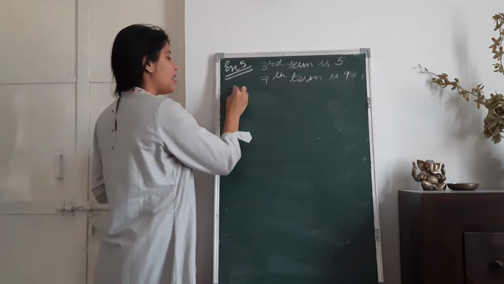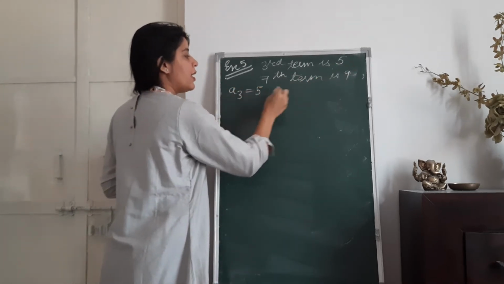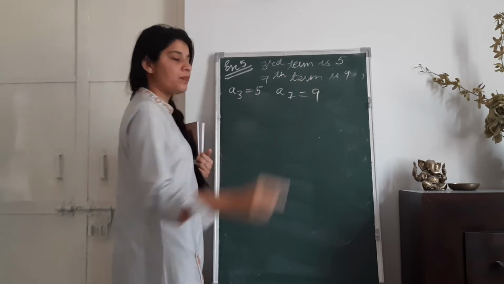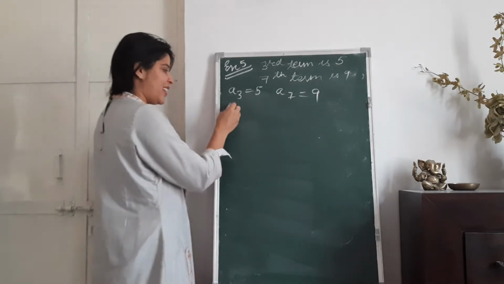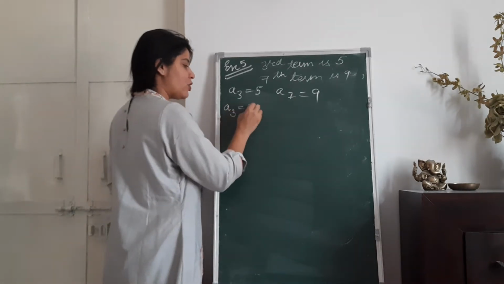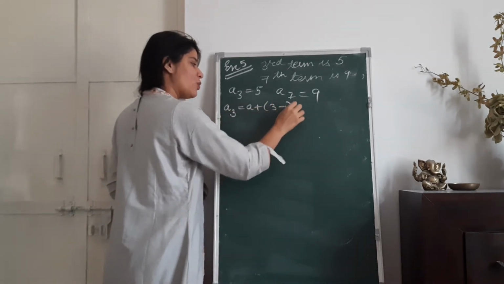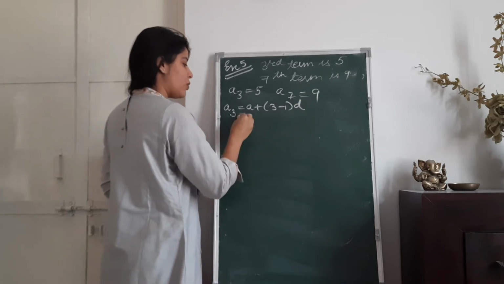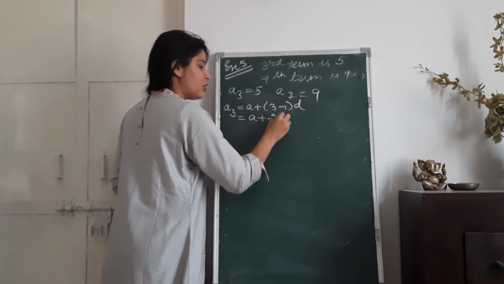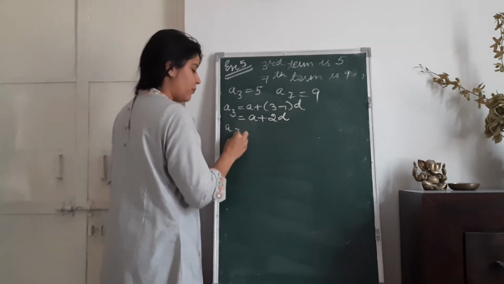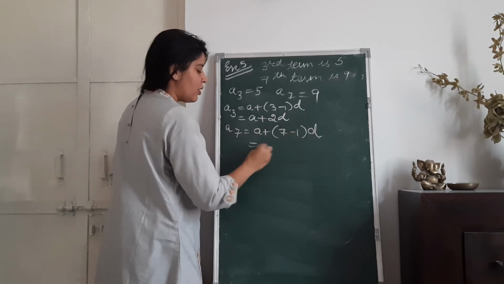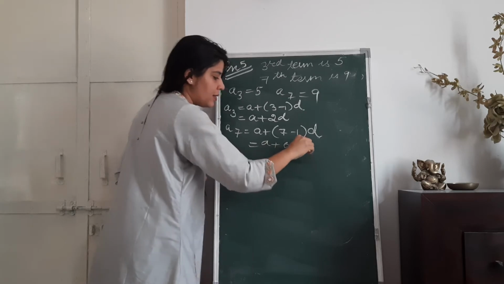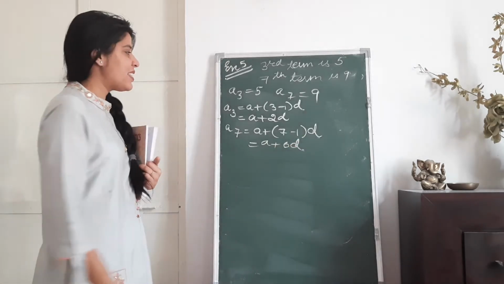So can I write this as A3 is equals to 5 and A7 is equals to 9? What is A3 going to be equal to? A3 will be equals to a plus 3 minus 1 into d, which is going to be a plus 2d, and A7 is a plus 7 minus 1 into d, which is a plus 6d, right?